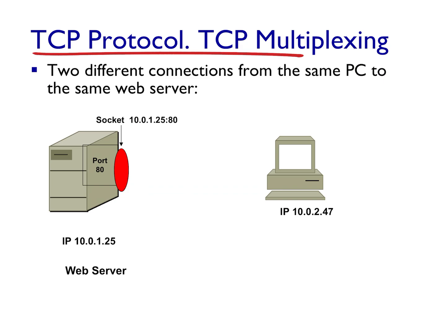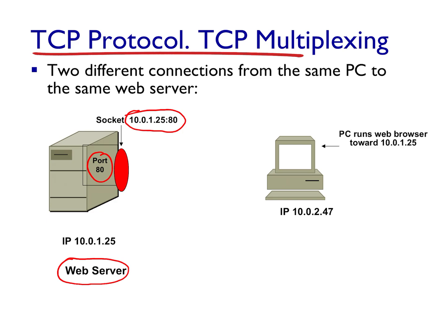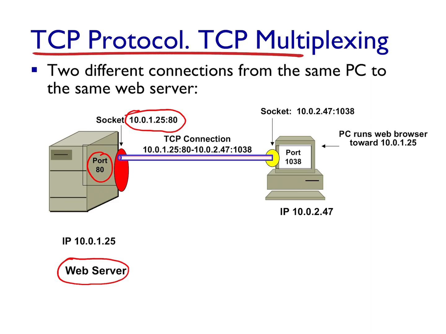Going back to the same example as the previous slide, where we have a web server with port 80 listening, and this is the socket, I can have the possibility of accessing several times toward the same web server. For example, I run the web browser, I have port number 1038, the socket and the TCP connection, but I can open a different web browser.